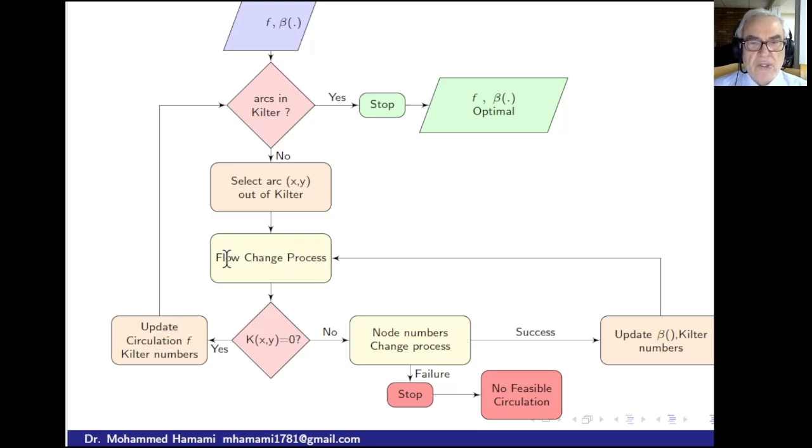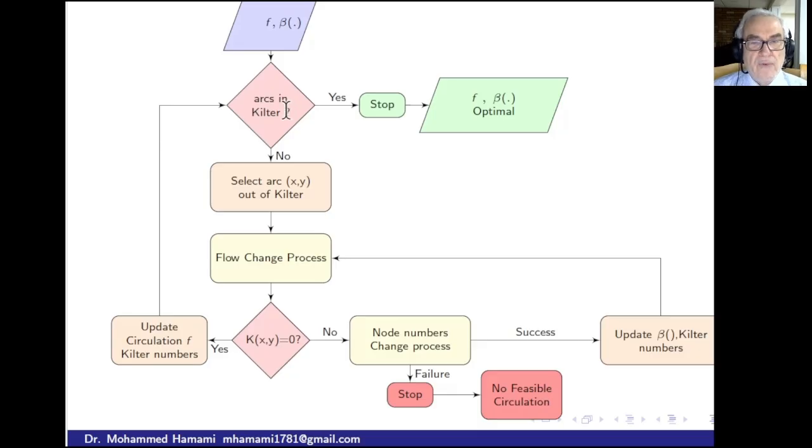But for now, it's just a flow change process. We start to change the flow, and it's an iterative process. Iteration after iteration, you change. You may not be able to change the flow all the way to that maximum, but we could do it in many iterations. And if that flow change process was able to make the Kilter number of xy equal to 0, then we go here, update the circulation and the Kilter number, and we go back here.